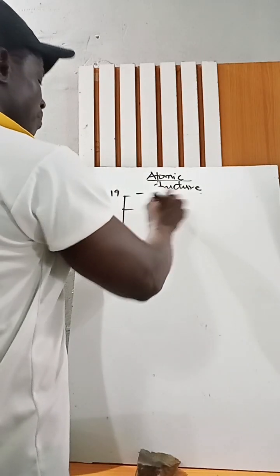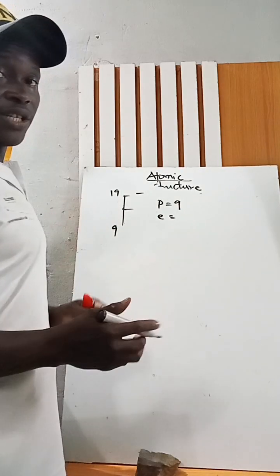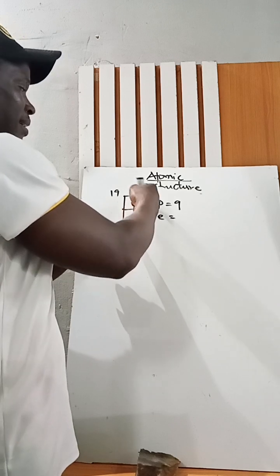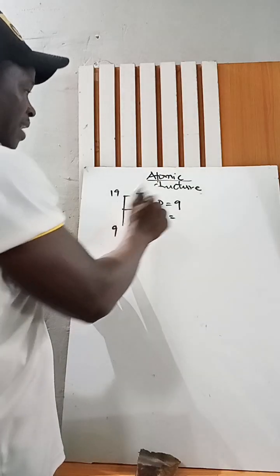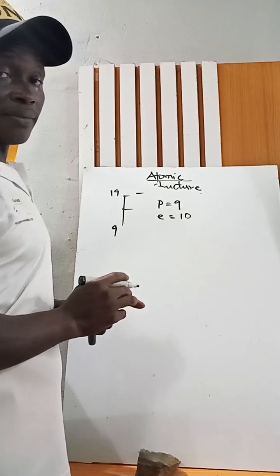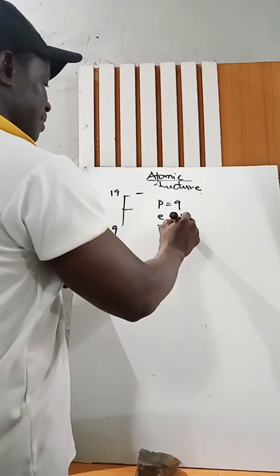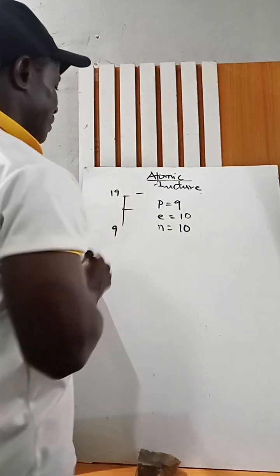Okay, no problem. Proton does not change. It's still 9. Electron now has changed. This element has gained 1 electron. So if you add that 1 to 9, that's going to be 10. Then the neutron number, 19 minus 9, that is 10.